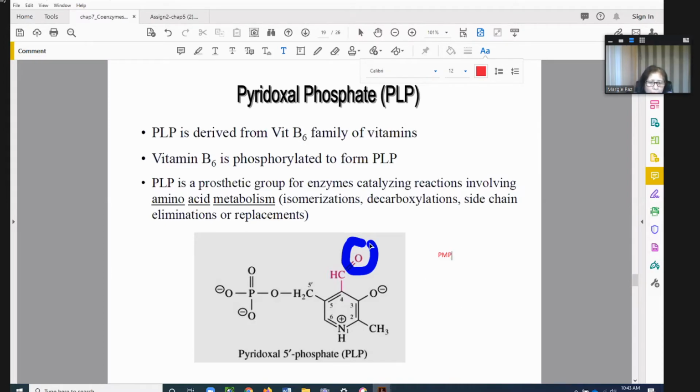And that amino group, which can be found here, is transferred to, say, alpha keto acids to produce new amino acids. Right? So this is important in amino acid metabolism.